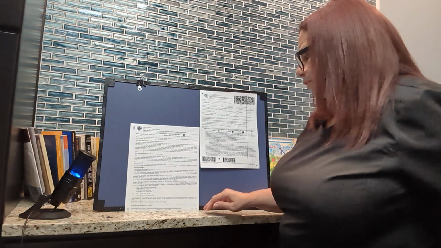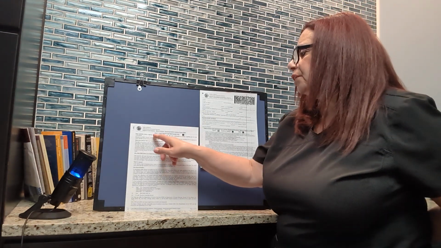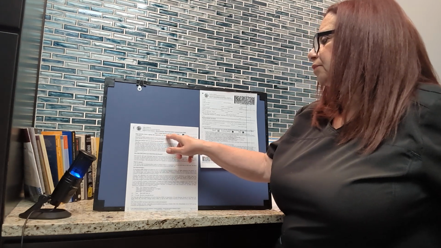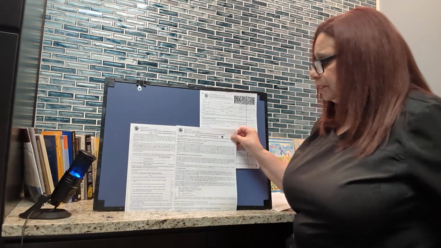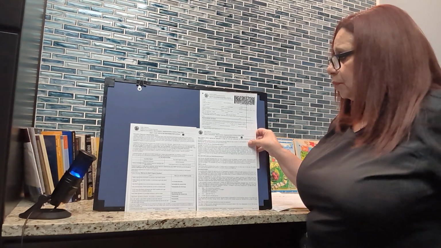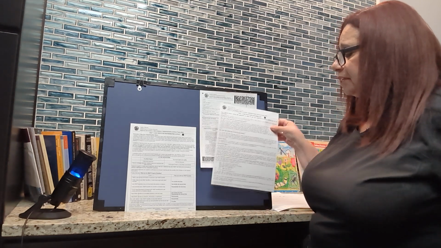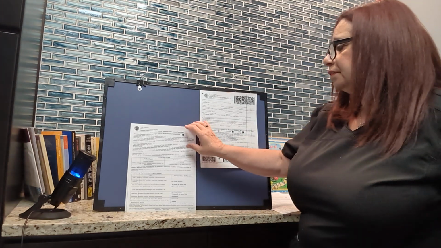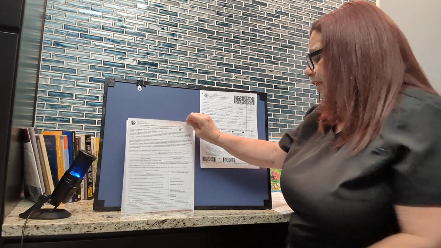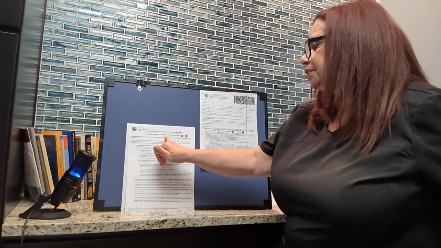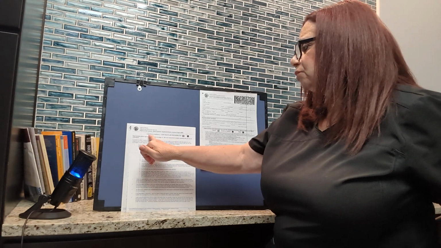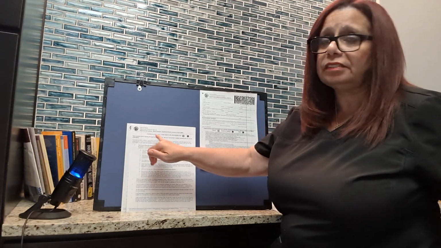And then 14 and 15 are your SNAP client rights and responsibilities. These are your responsibilities as far as what to expect for the SNAP program. And then 16, 17, and 18, this is your rights and responsibilities as far as your medical card and cash benefits.